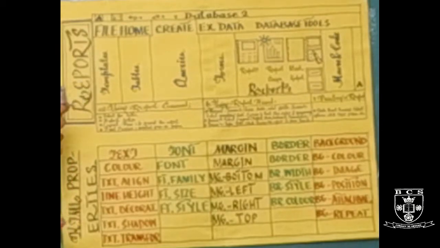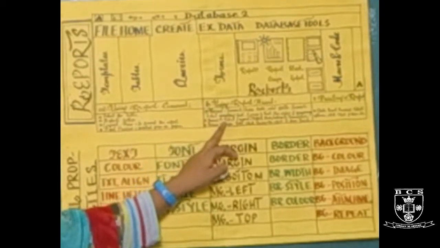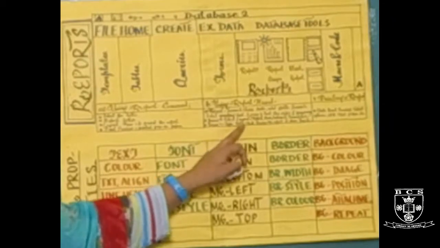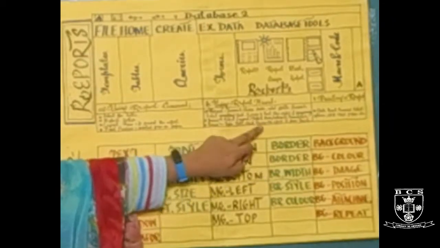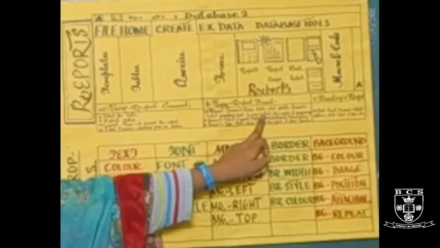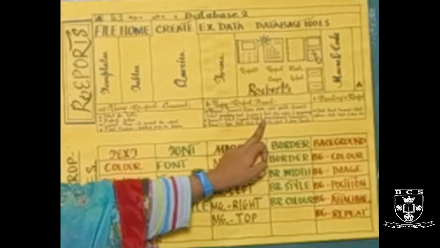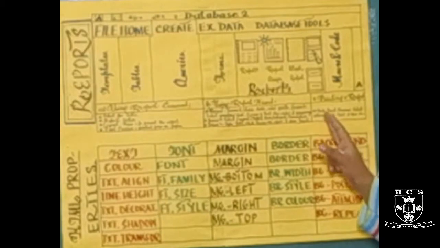After clicking the Next button we switch to the next screen, screen number 4 of our wizard, and on this screen we have to select the layout. The layout is of three different types: stepped, block or outline. You will select any of the layouts for this report, and then you will select the orientation, portrait or landscape.